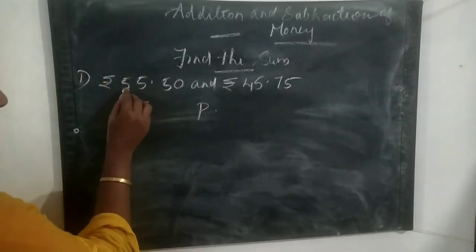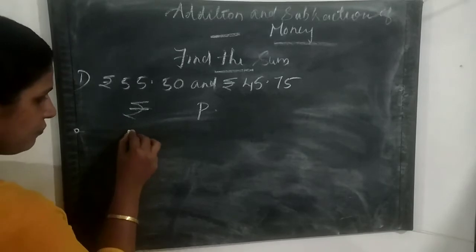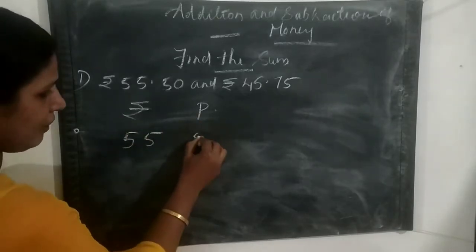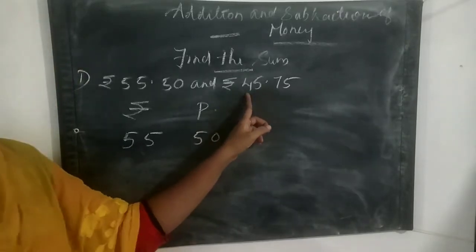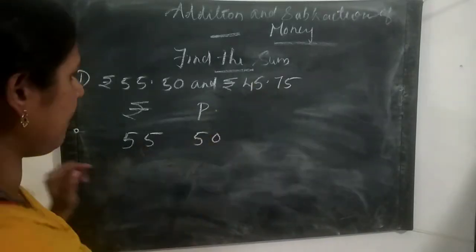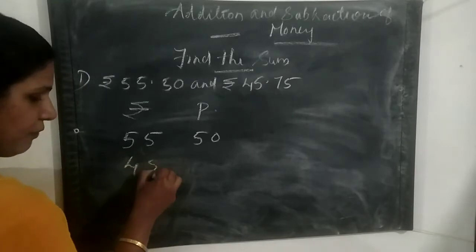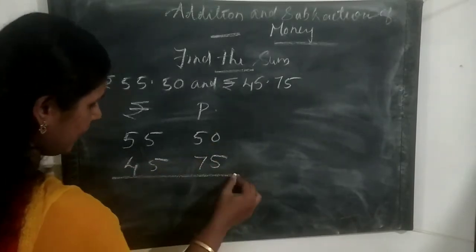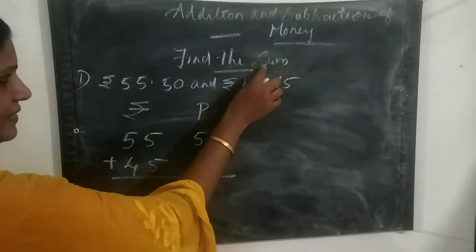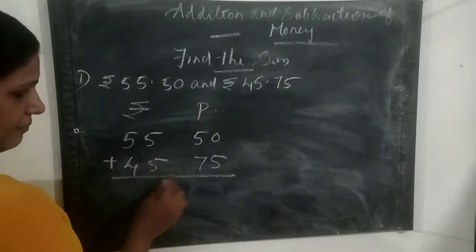Rupees under rupees column. Here the rupees is 55 and here 50. Then here 45.75. Okay. Then we add. This is sum, so that's why we add these numbers.